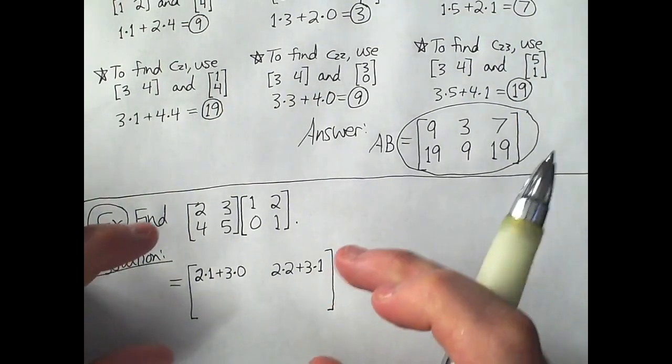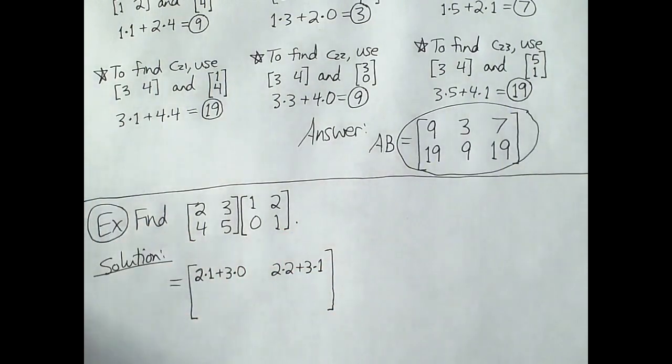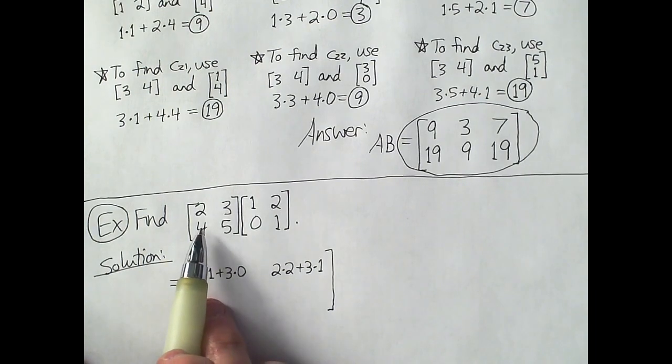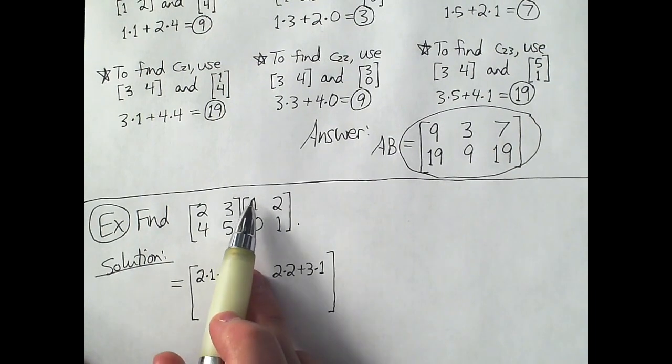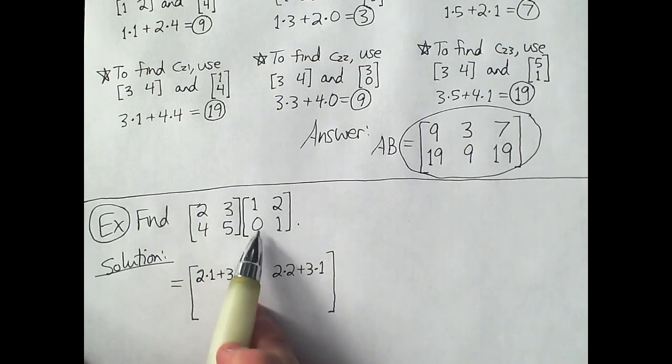I know that I drew this and it looks kind of elongated like a long rectangle, but this is going to be a square. It doesn't have to geometrically look like a square. It could still be 2 by 2. All right, lower left corner. We're in row 2 now, so we need to use the 4, 5 row from the first matrix, and I need to use the 1, 0.